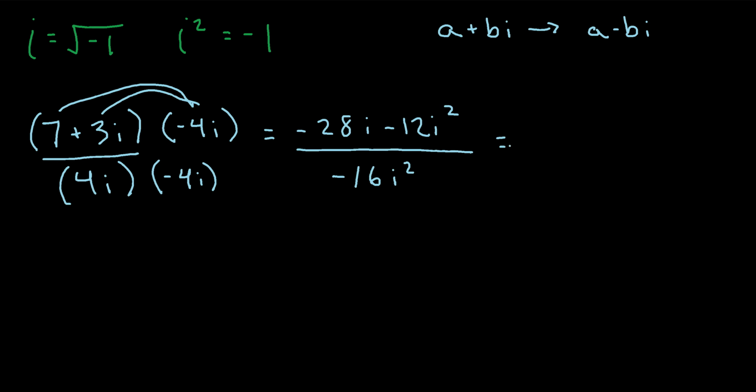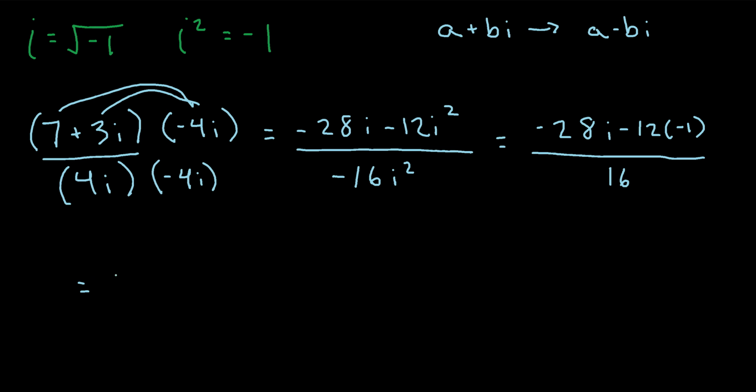Okay, so to simplify that, let's recall that i squared is just equal to negative 1. So up top in the numerator we have negative 28i minus 12 times a negative 1. And then in the denominator we've got negative 16i squared. So i squared is negative 1, so negative 16 times negative 1 is a positive 16.